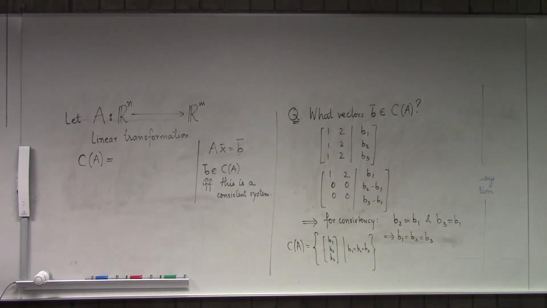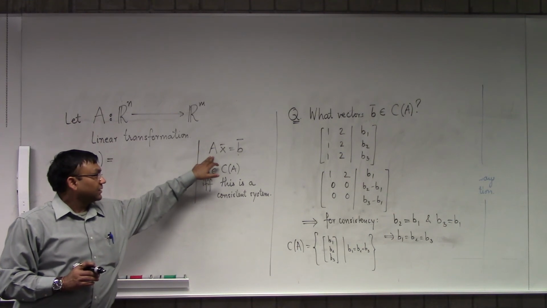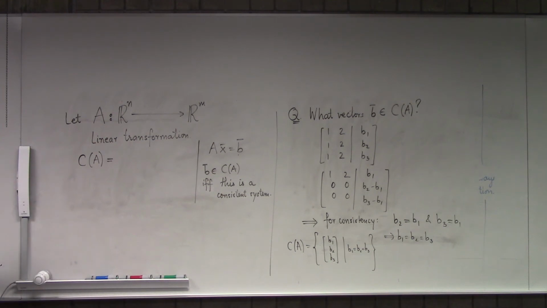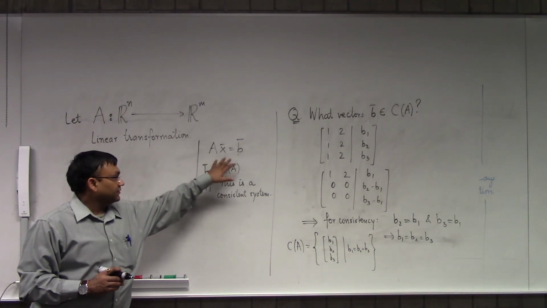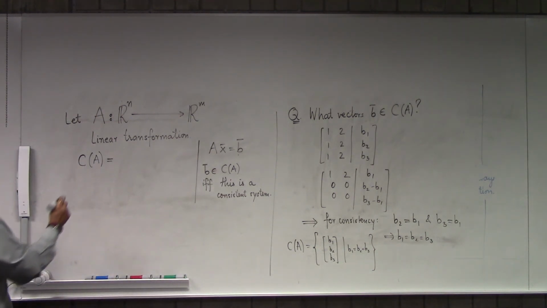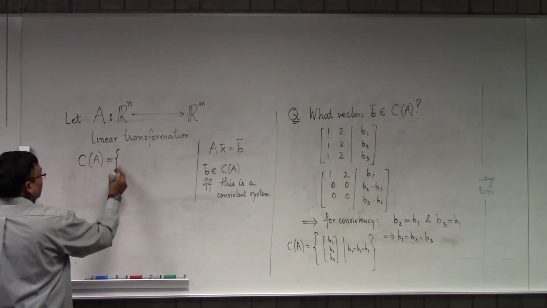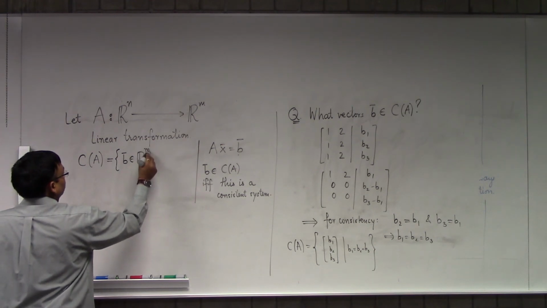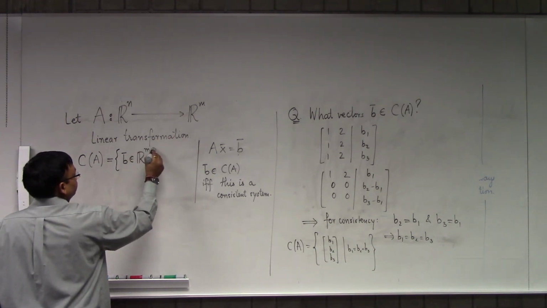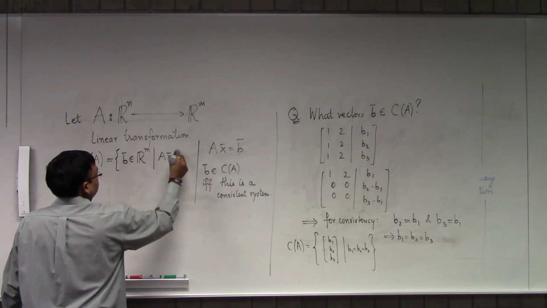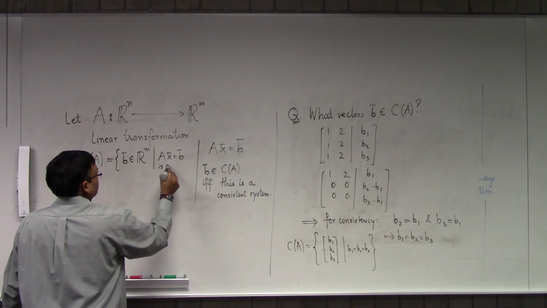Now, how will I interpret this? Think of your A as a function which is acting on the vector x, and then it is giving me a vector b. Whenever this has a solution, all those b's which I can capture in this way would be in the column space. So another description of column space would be all those vectors b in Rm. Notice in which space they are: they are living in Rm, such that Ax is equal to b is consistent.